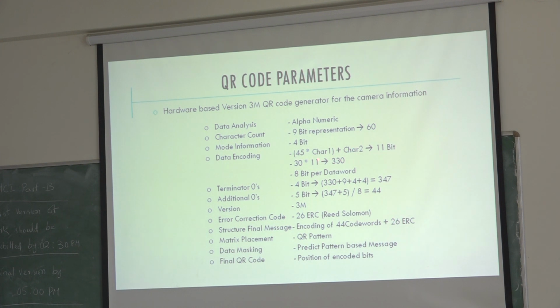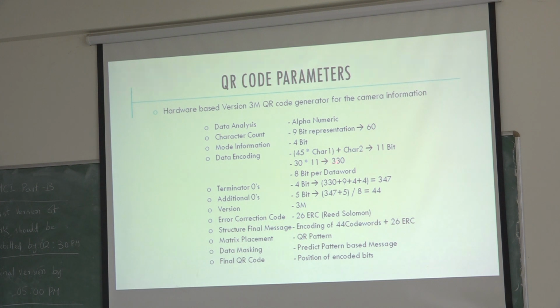Next, we have to convert these 330 bits into 8-bit groups. Each 8-bit group will be considered a single data word. But before converting this into 8-bit data words, we need to add the character count and mode information before it. So the mode information comes first, next the number of characters, and then the 330 bits.